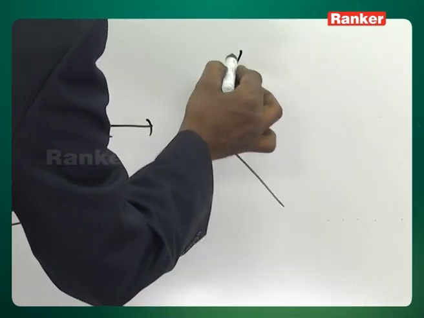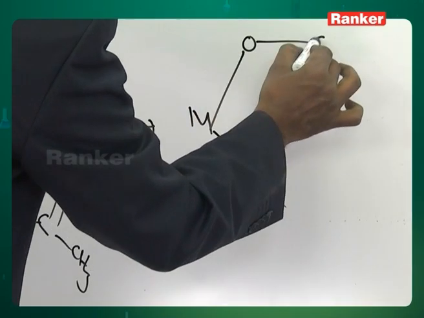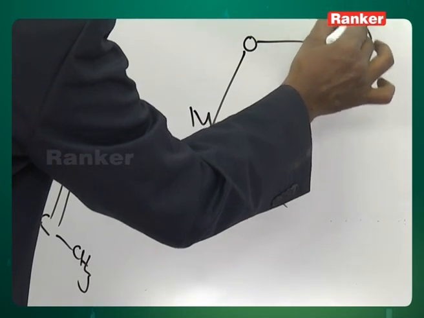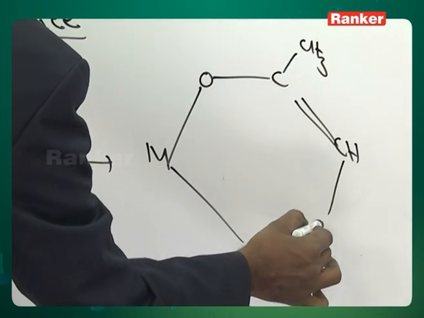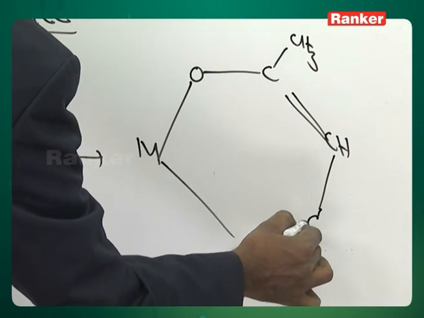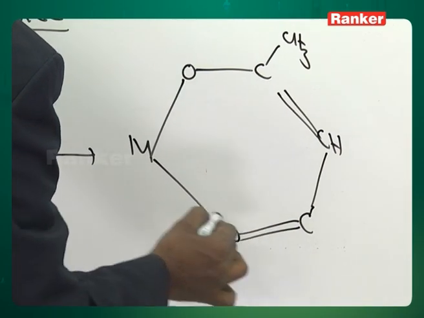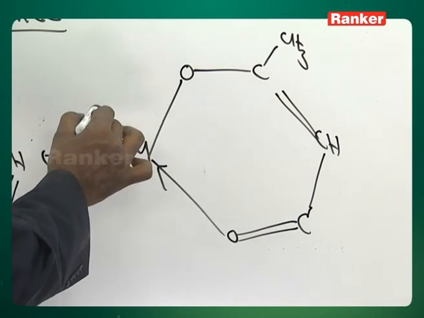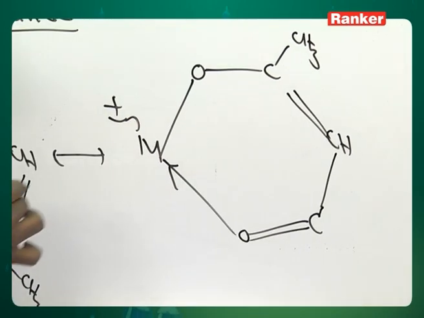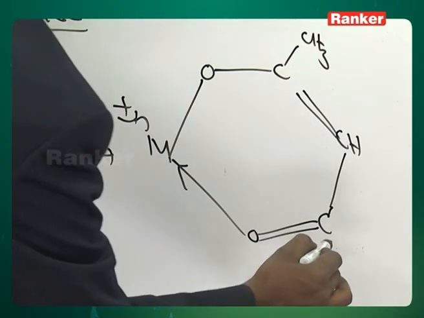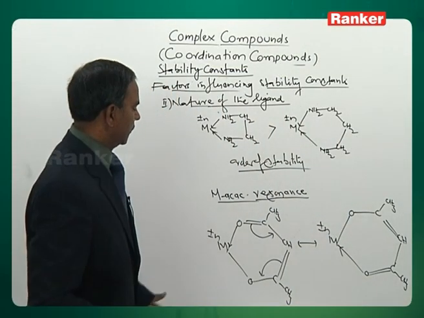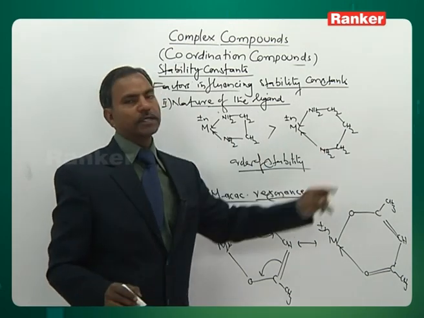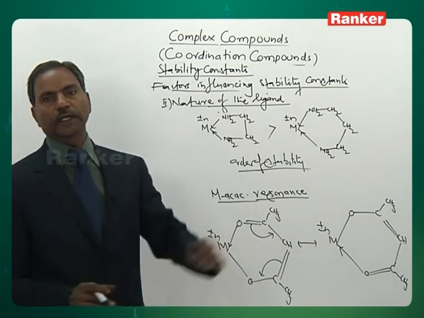See the next resonance structure, single bond, double bond, CH, C, double bond, make it a coordinate bond, and it has CH3. See, this is a 5-membered ring, more stable than 6-membered, provided both the rings are saturated.